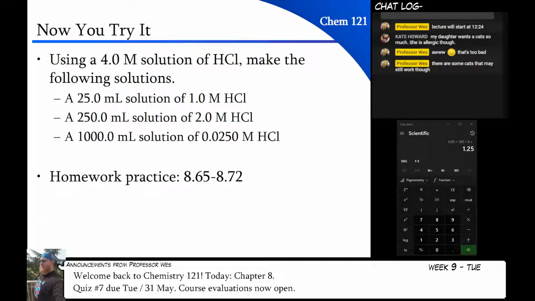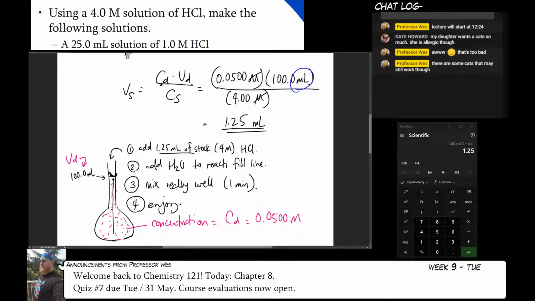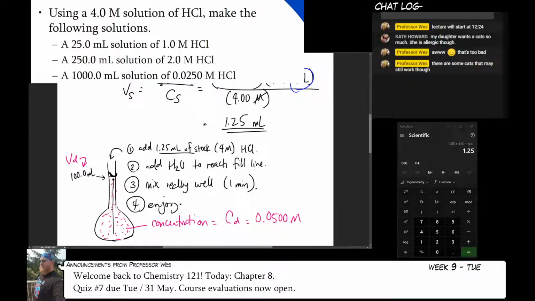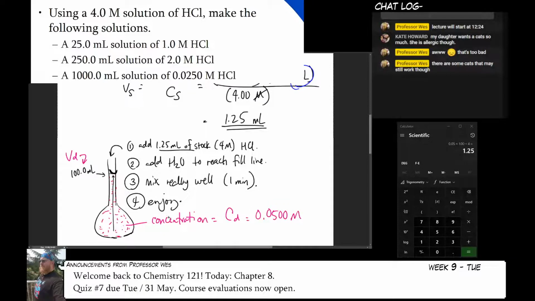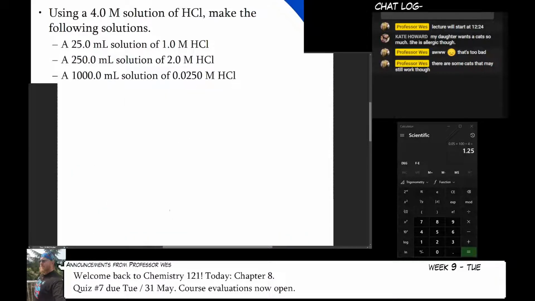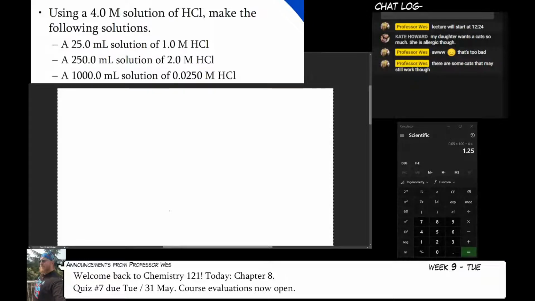All right, let's go over these solutions. We're going to do more or less the same problem that you can see on the screen. I'm going to do it fresh each time. So the concentration of our stock solution will always be 4 molar HCl.